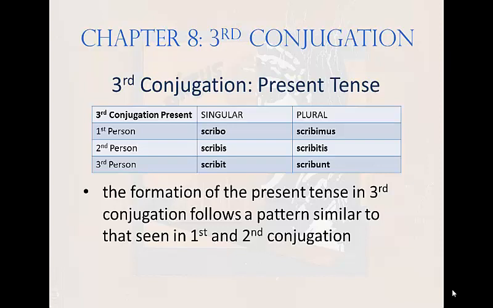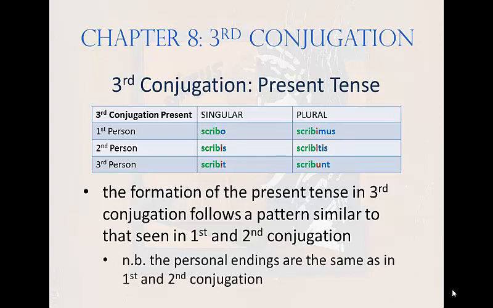Notice that the formation of the present tense in third conjugation follows a pattern similar to that seen in first and second conjugation. Take a third conjugation verb base, add a thematic vowel, which will be fairly irregular in this conjugation, and to that append personal endings. Note that the personal endings are the same as those in first and second conjugation.